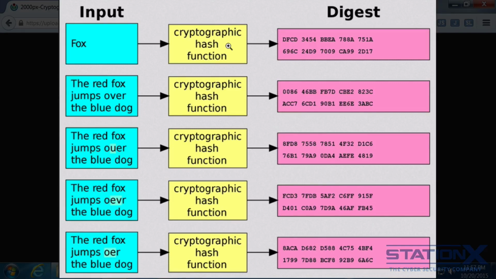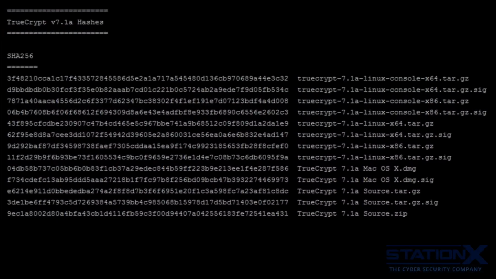You've got MD2, MD4, MD5, HAVAL, SHA, SHA-1, SHA-256, SHA-384, SHA-512, Tiger, etc. Today, if you're looking at a crypto system, really it should be using SHA-256 or above, which means SHA-384 and SHA-512. Let me show you some examples of this practically being used.